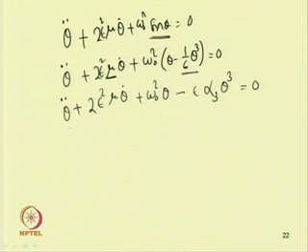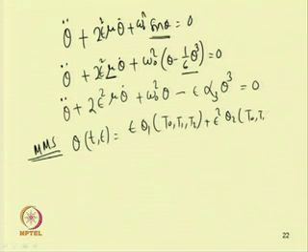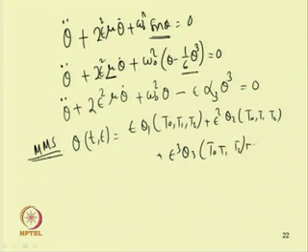Now, by using the method of multiple scales, we can write theta(t, epsilon) in this form: epsilon theta 1 (t 0, t 1, t 2) plus epsilon square theta 2, similarly (t 0, t 1, t 2), and epsilon cube theta 3 (t 0, t 1, t 2). So, this way we can write.